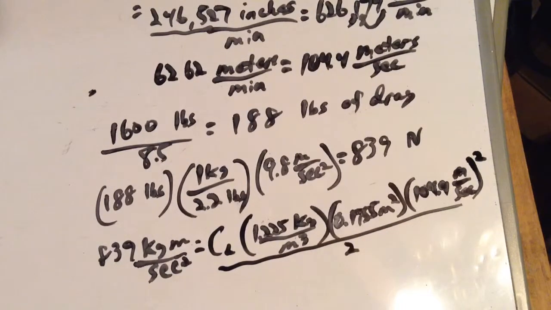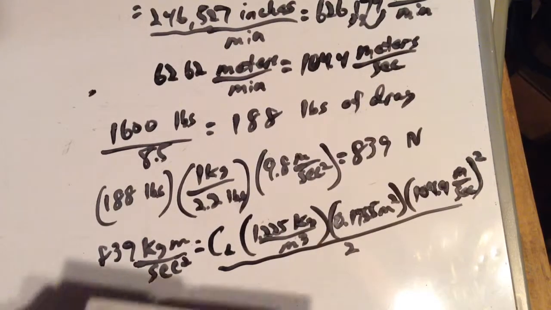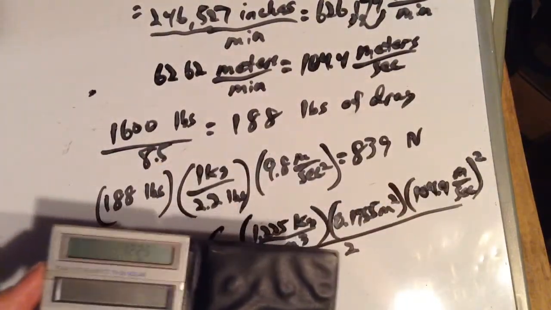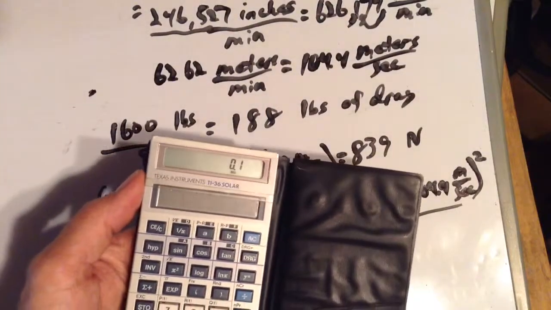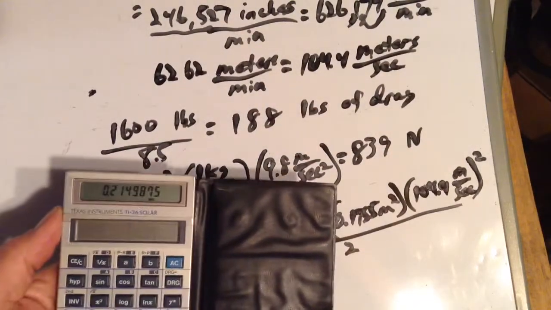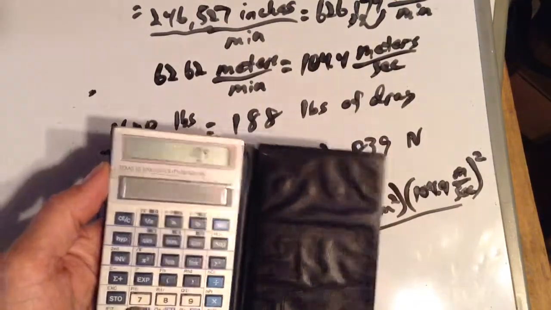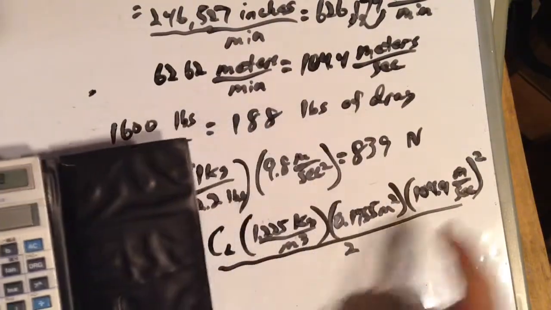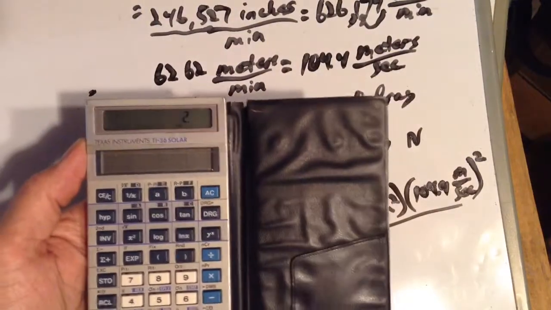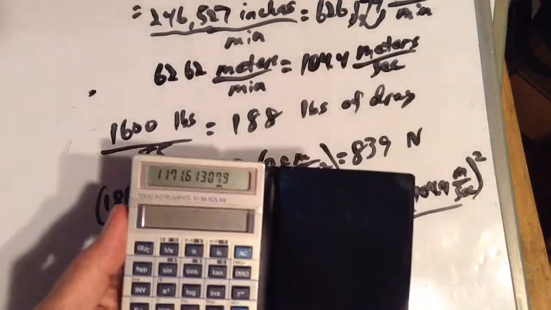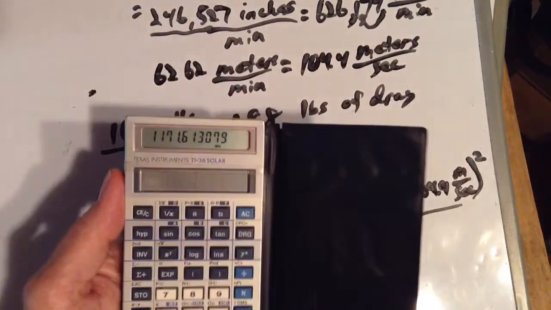Upon punching all this out, let's see what we get. 1.225 times 0.1755 times 104.4 times 104.4 again, because it's squared, divided by 2 equals 1172.